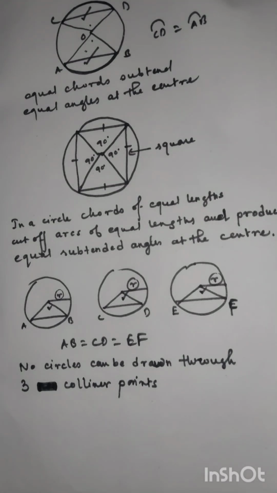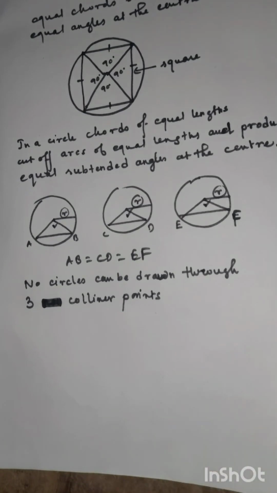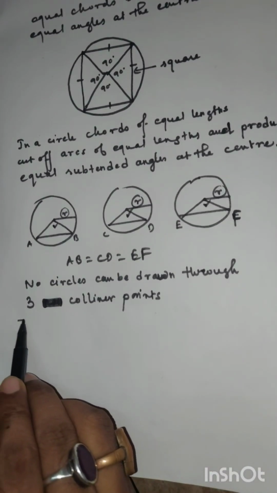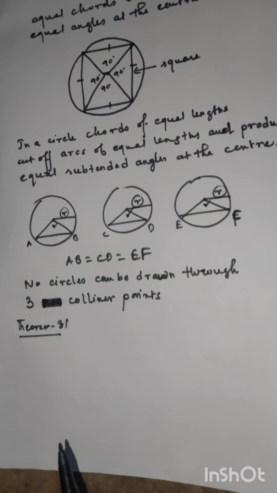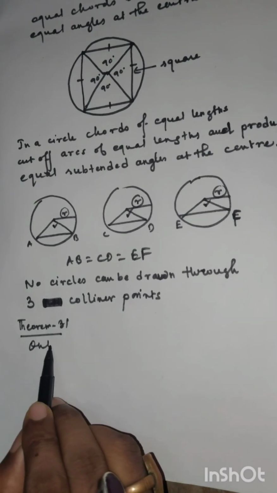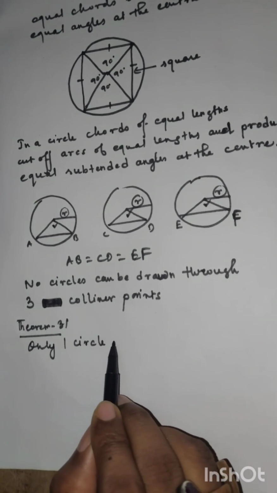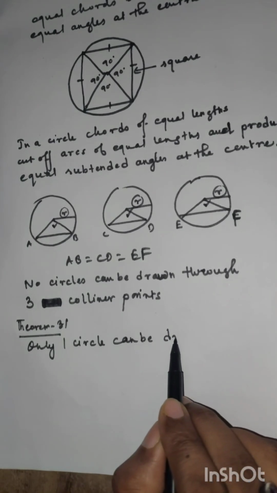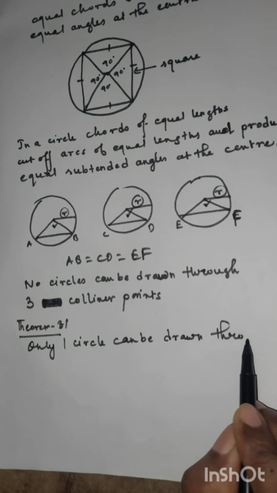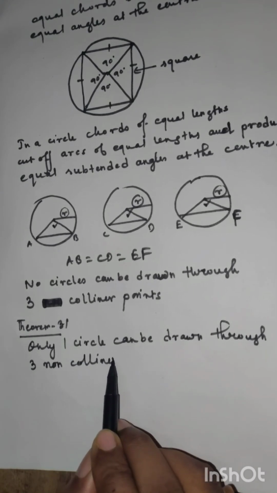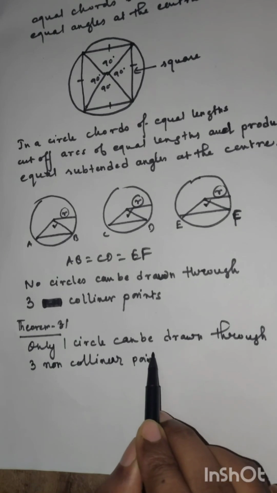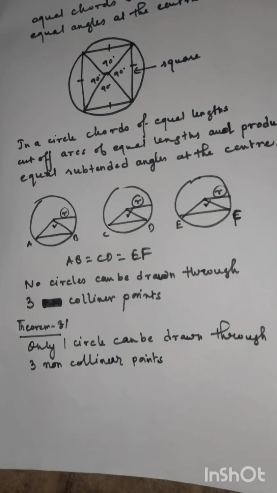Now our theorem 3.1, which says only one circle can be drawn through three non-collinear points.